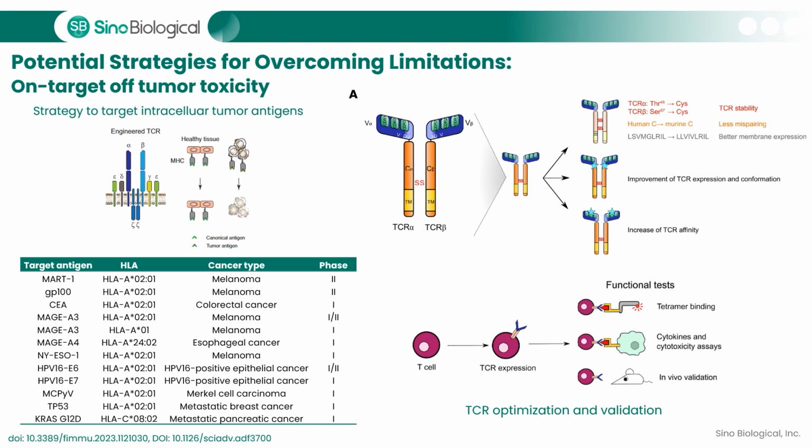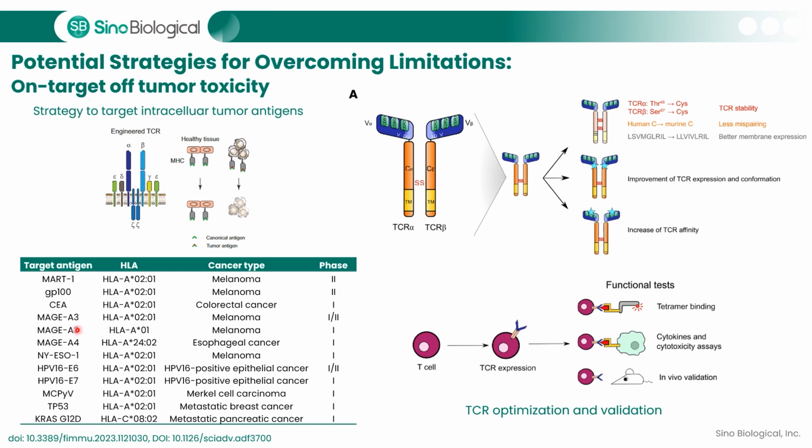Most recently, mutations in the variable regions but outside of the CDR region have been shown to improve the TCR expression and stabilities. Once the TCR has been identified, in vitro and in vivo functional assays validate the specificity and the efficacy of the engineered T cells.